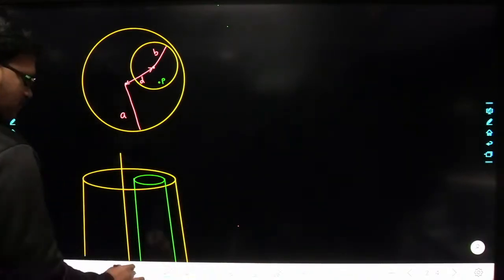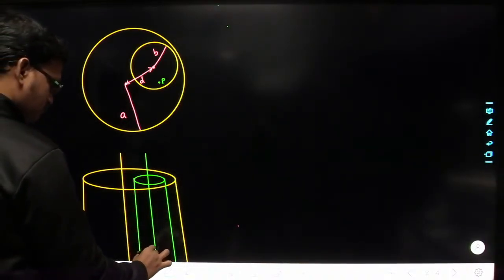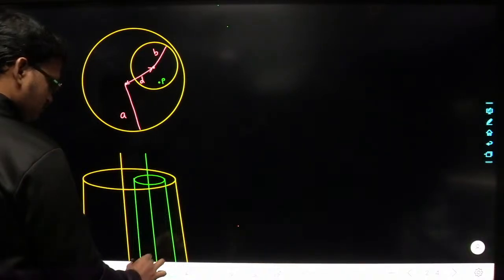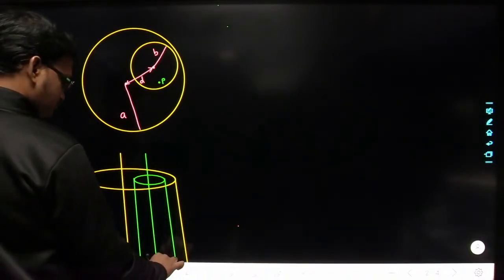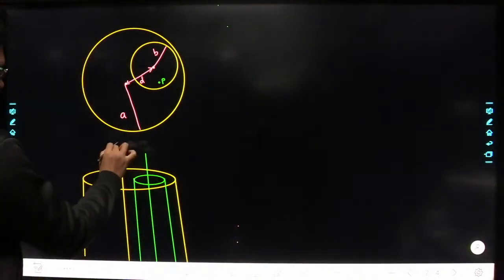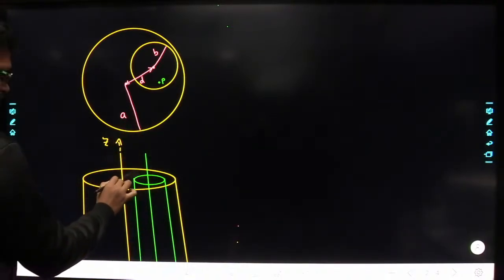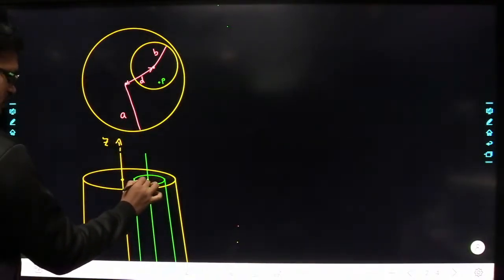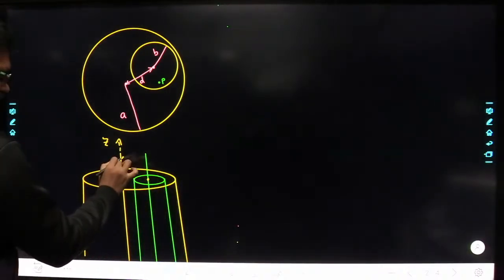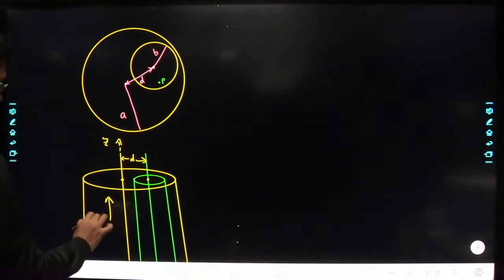Let us consider this as the z axis, and this line is parallel to the z axis. This is the center of the wire and this is the center of the cavity. The distance from here to here is d. Here the current density is J in the z direction.